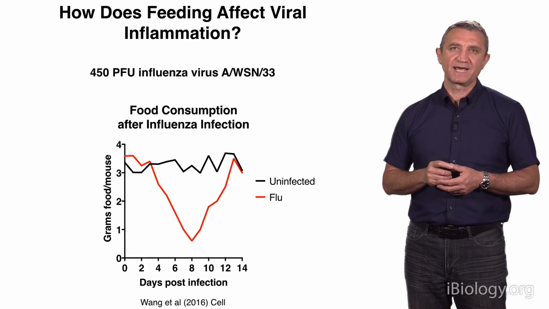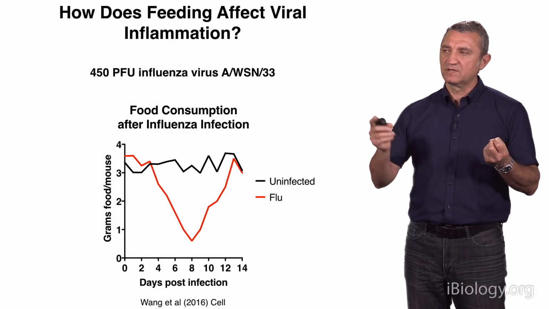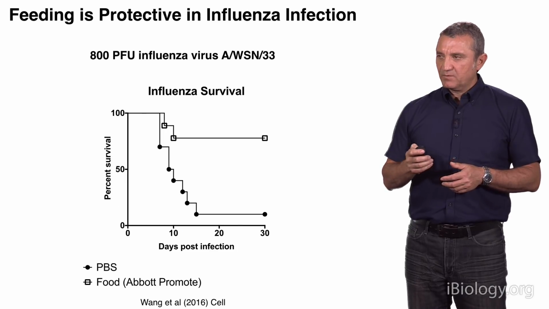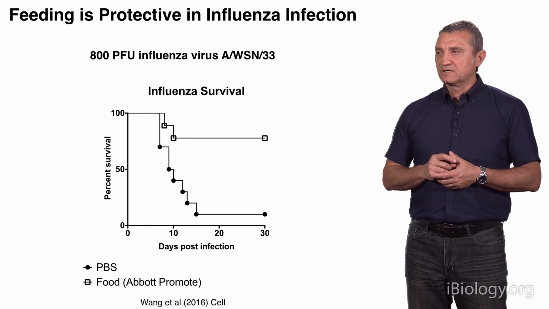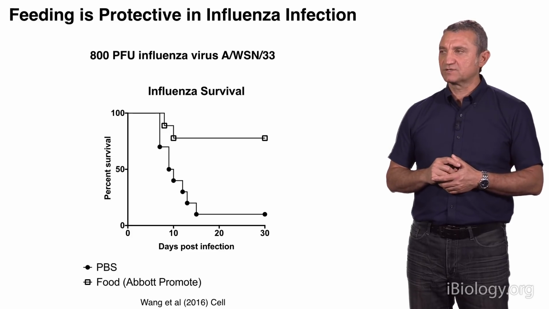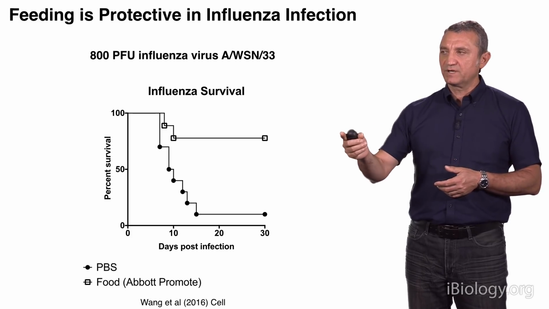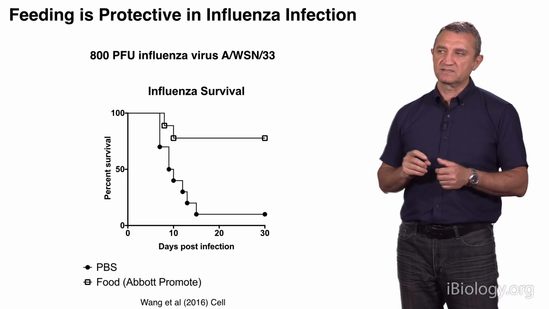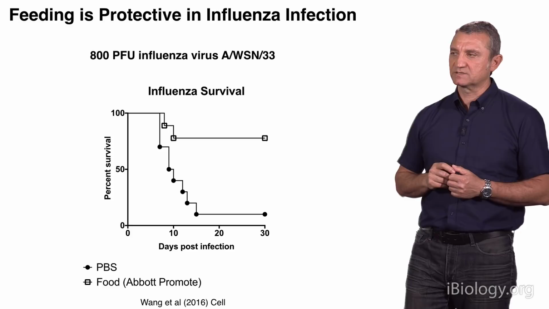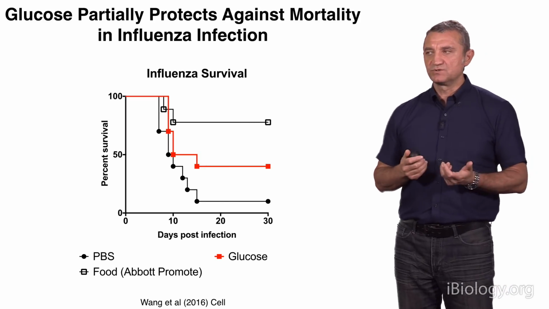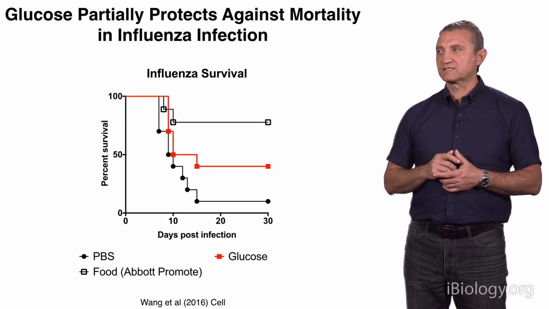And we asked again, what would happen if we feed them at the time when they are anorexic? And what we found was very surprising and opposite to what we expected and opposite to what we found with bacterial infection. As you can see here, if we feed the mice, they actually survive better compared to mice that received control PBS solution. And if we just give them glucose, they also do better, and glucose partially protects from mortality.